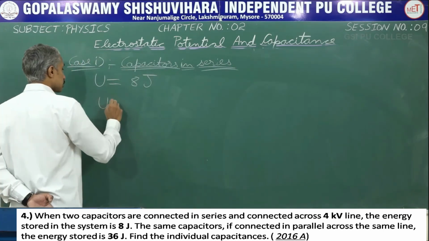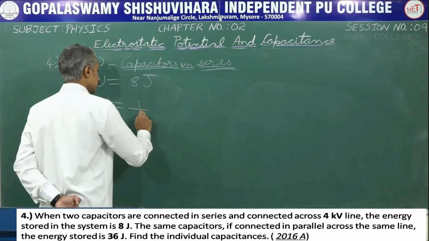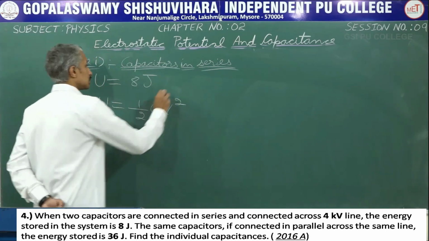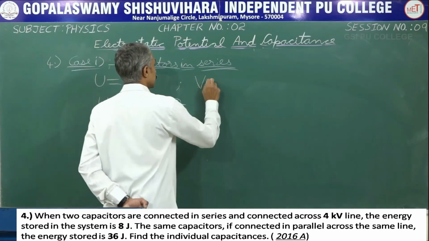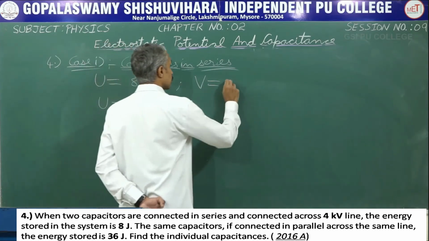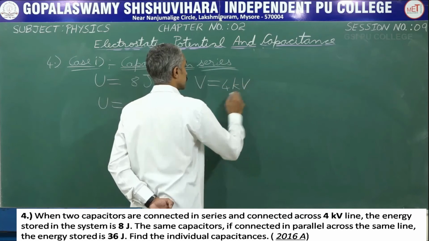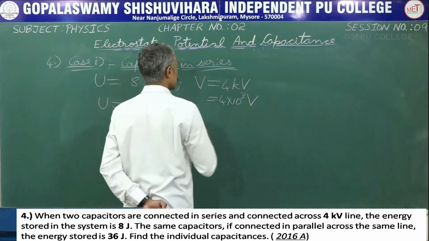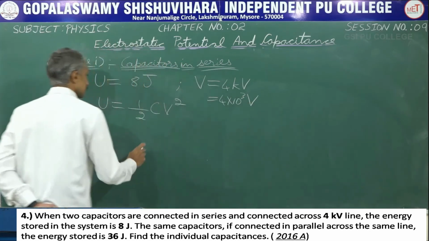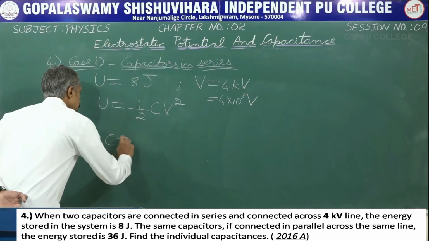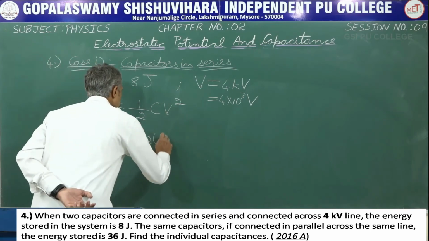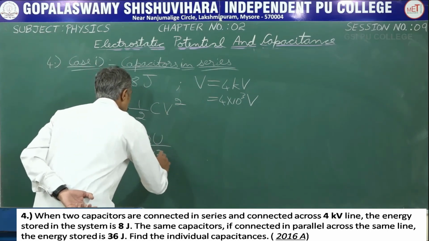So energy stored is given by half CV square. They have also given us the voltage, which is 4 kilovolt, which means 4 into 10 to the power of 3 volt. Now rearrange. So C is going to be 2U by V square.